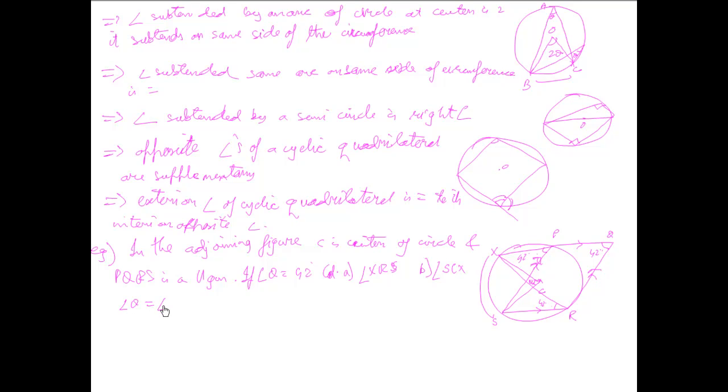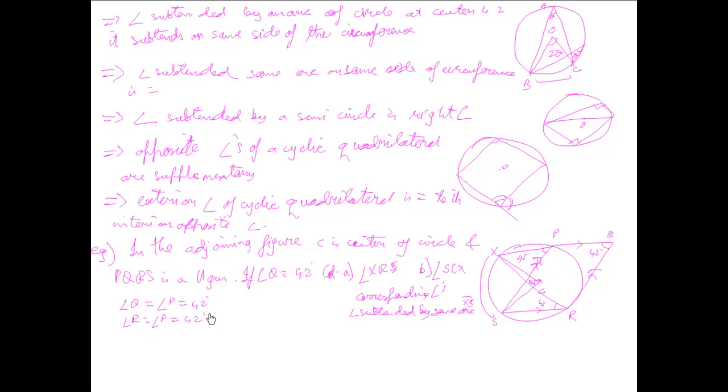Angle Q equal to angle P equal to 42 degrees. This is corresponding angles. That's angle R is equal to angle P equals 42 degrees. Angle subtended by same arc XS.